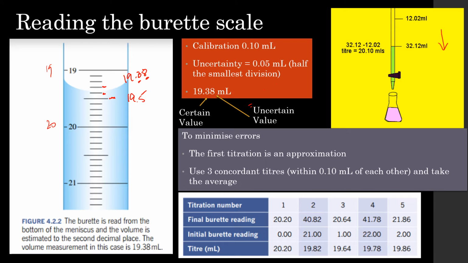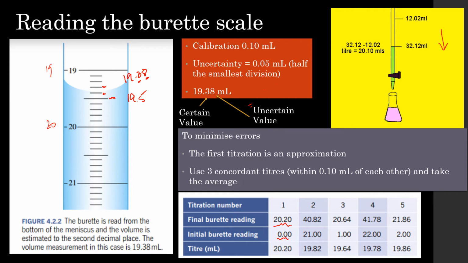Now, to minimize errors, your first titration is just going to be an approximation. So you will probably overshoot, and that's okay, because you just want to get a rough amount. In this case, it started off at 0, and we put in 20.2 mils.